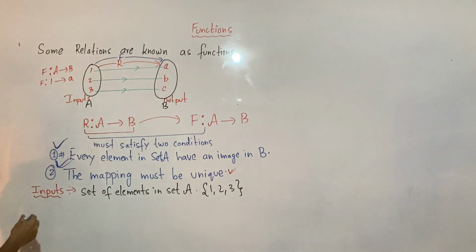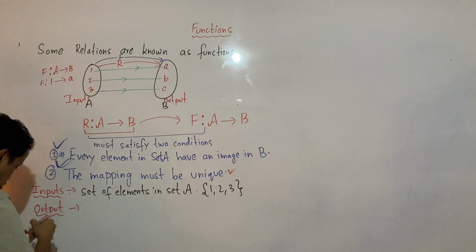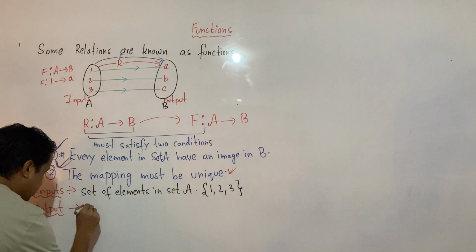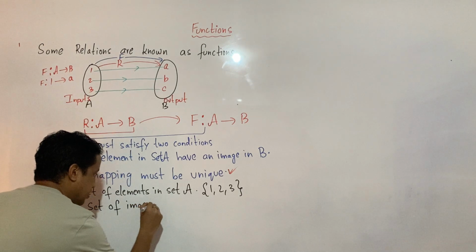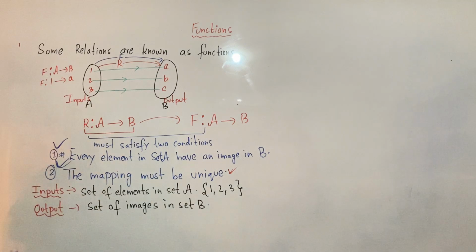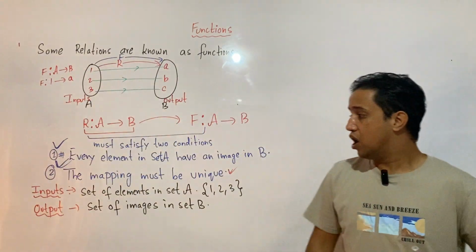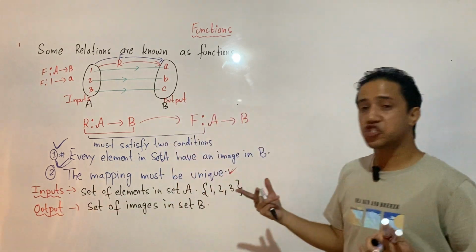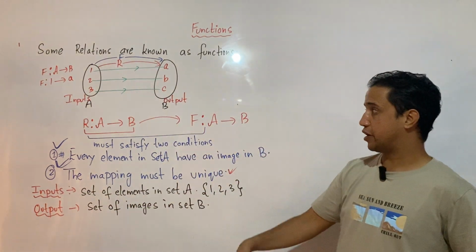Then output. Output means your set of images. Set of images in set B. Now, inputs are also known as the set of pre-images in set A. Why?